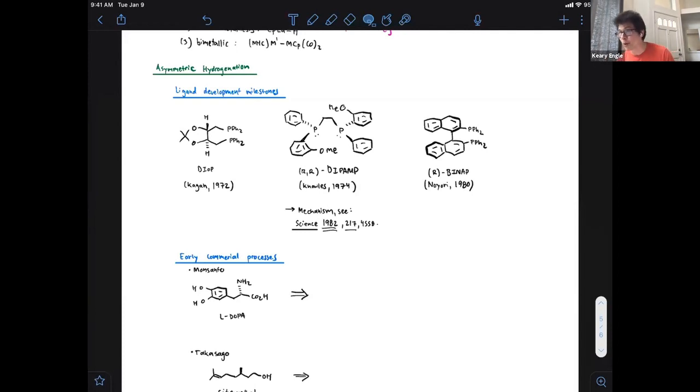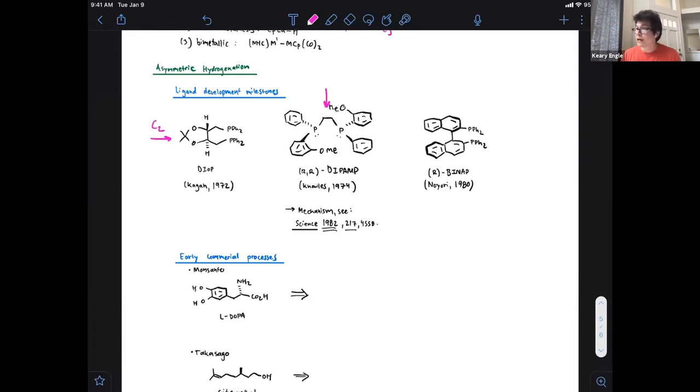You can't make them in a modular way. And so a key breakthrough was from Kagan, who reported the first example of a C2 symmetric ligand, ultimately derived from tartaric acid in this case. And then Knowles took this idea and ran with it and developed a C2 symmetric version that was also chiral at phosphorus.